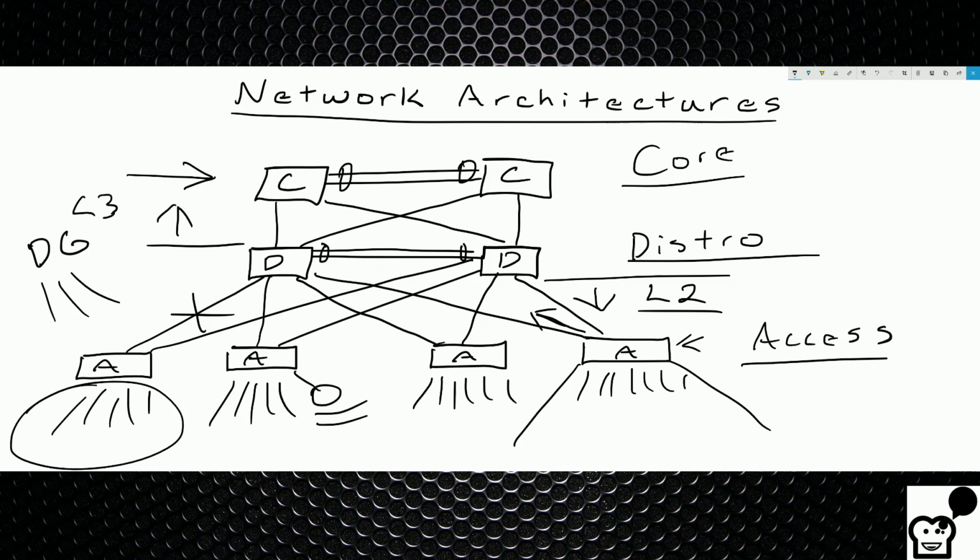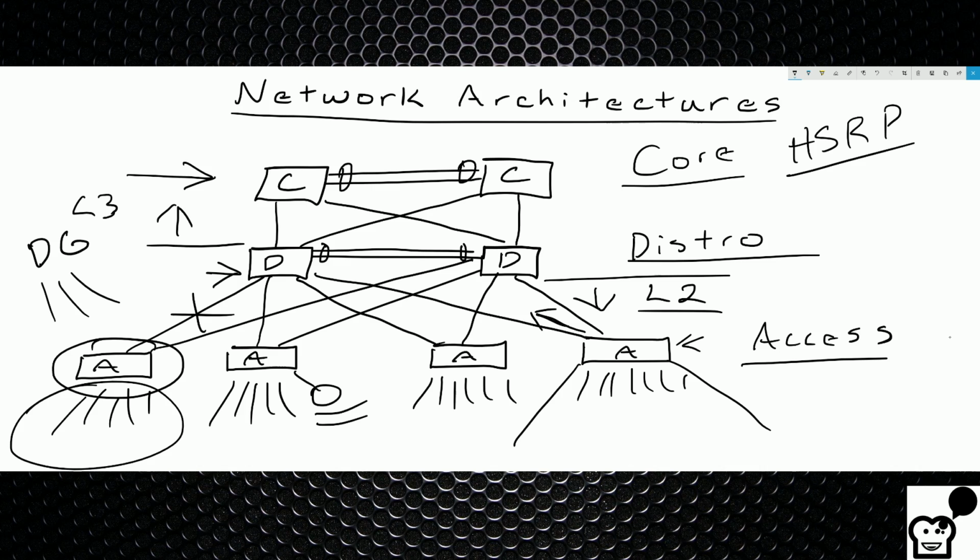Now the other thing I was going to say about the distribution layer, this is typically where you'll see HSRP running. If you don't know what HSRP is, it stands for Hot Standby Router. It's either router or routing protocol, I forget, but it's a redundancy protocol. So you can have the default gateway for, say, this access switch for a certain VLAN on this distribution switch as, say, interface VLAN 10.